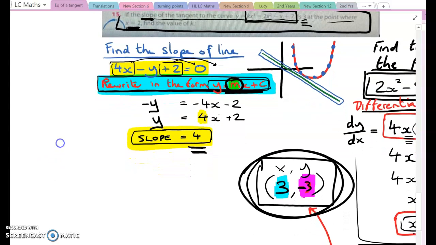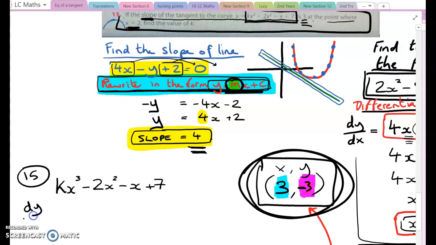So that sounds quite confusing, so let's do a little bit of it here. It says kx cubed minus 2x squared minus x plus 7. That's the function. So let's differentiate it. In other words, let's find dy/dx.